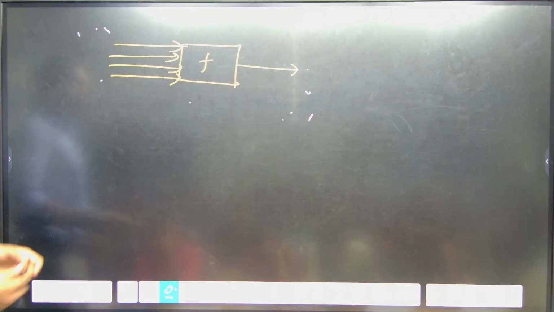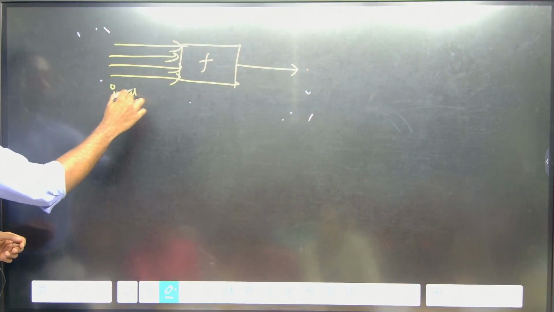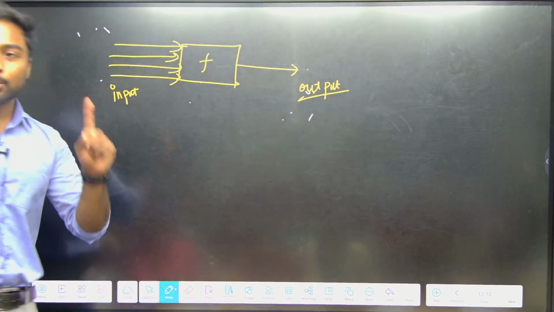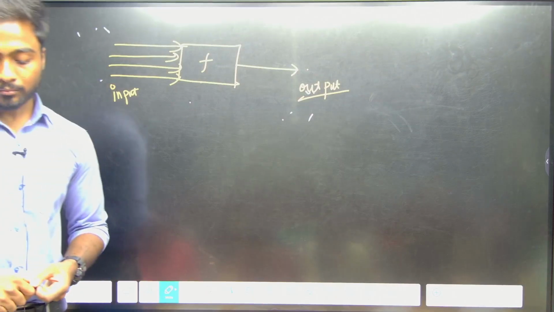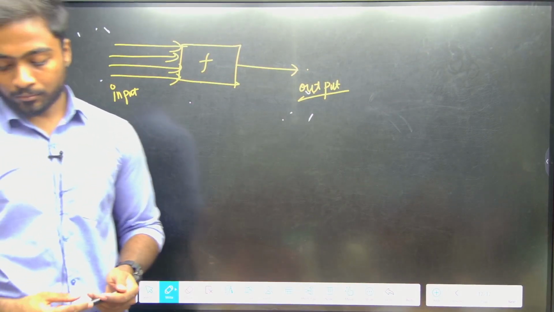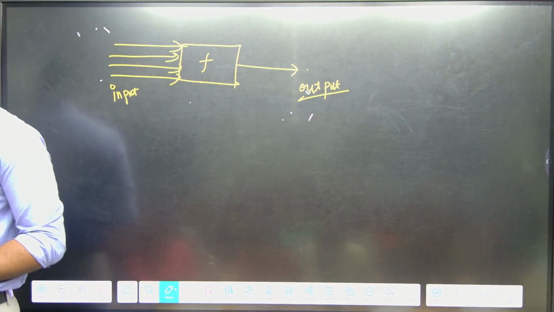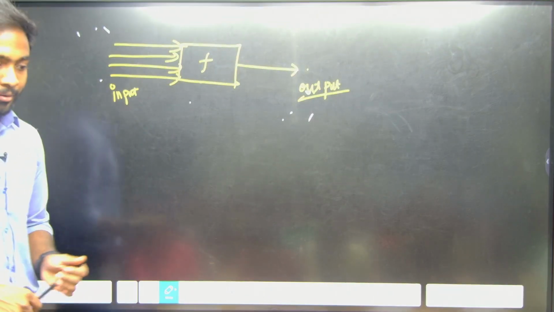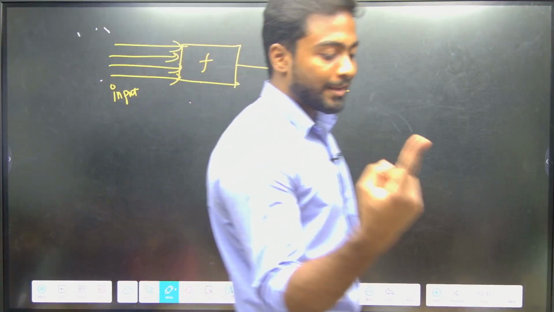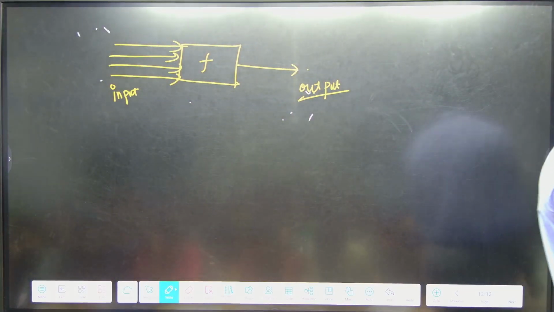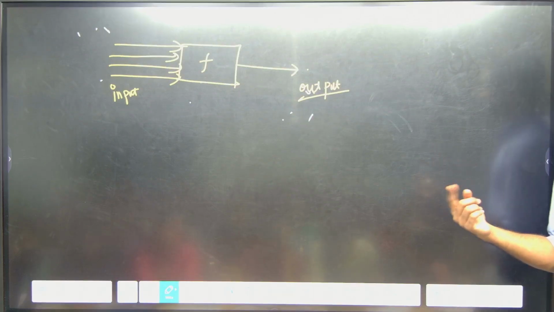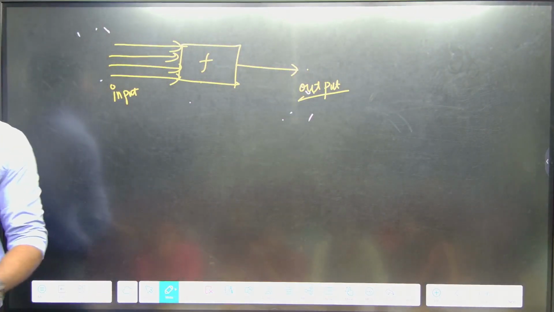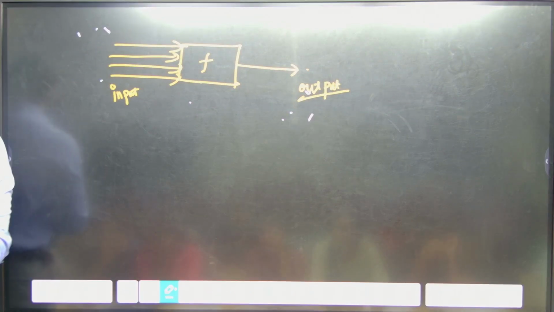Take the diagram. This is my input, this is my function, and this is my output. So output will always be only 1. So what is the difference between a logic gate and a logic circuit?